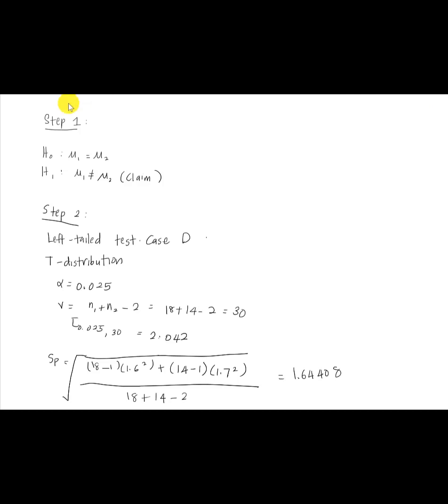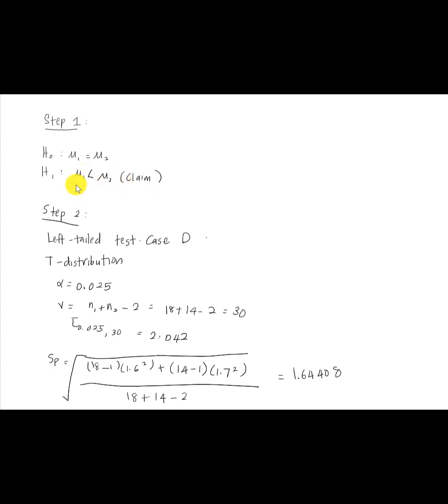Okay, so we look at this example. To solve example 14, in step 1 we have the null hypothesis, in which mu1 is equal to mu2, and our alternative hypothesis H1 refers to the claim from the question, in which type 1 is lower than type 2.